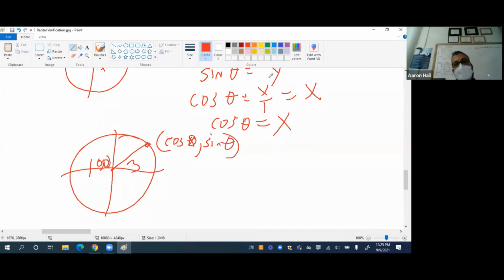The cosine would be x over 3 and the sine would be y over 3. What used to be a unit circle has now grown by a factor of 3. So each of the x and y values also grew by a factor of 3. Does that make sense?